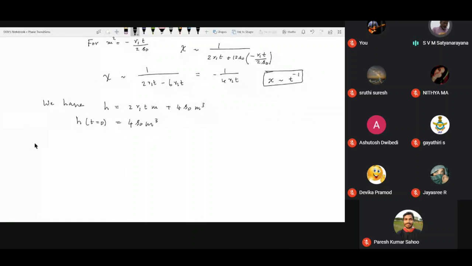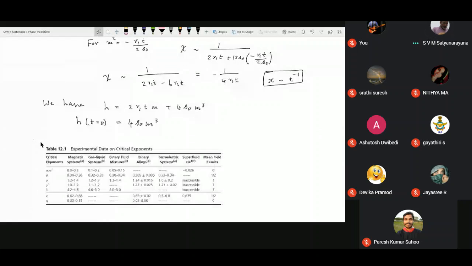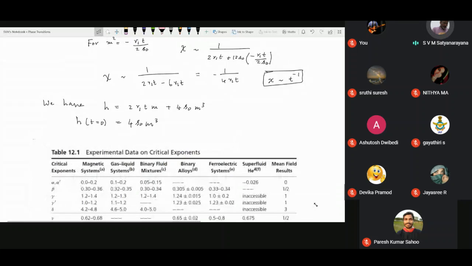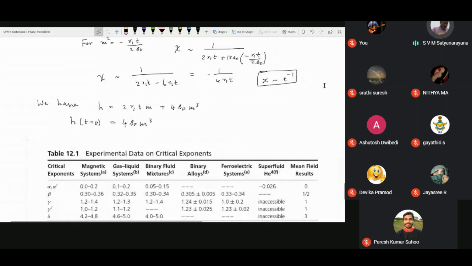I'm just trying to. Yeah. So I don't know if you can see this. This is a set of critical exponents. Can you see this table? Yes, sir.